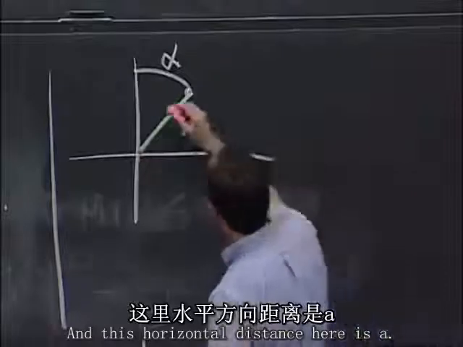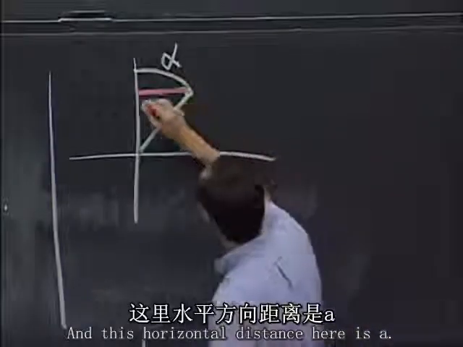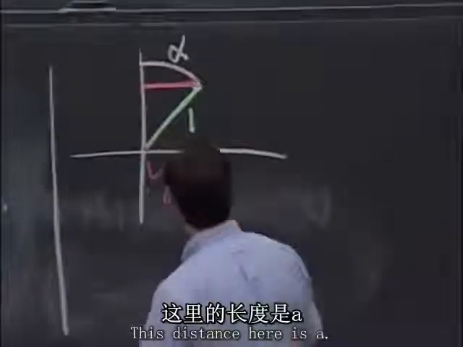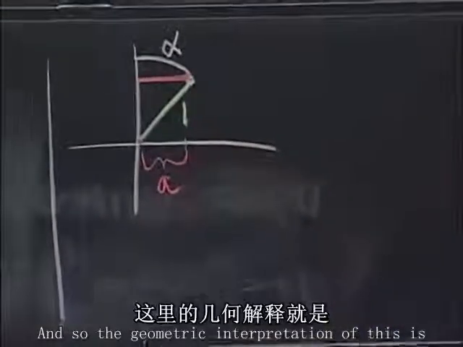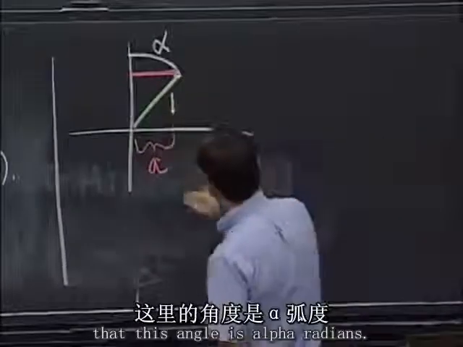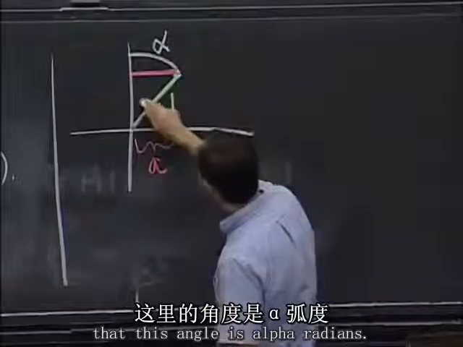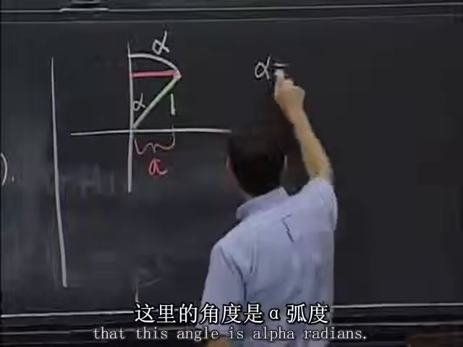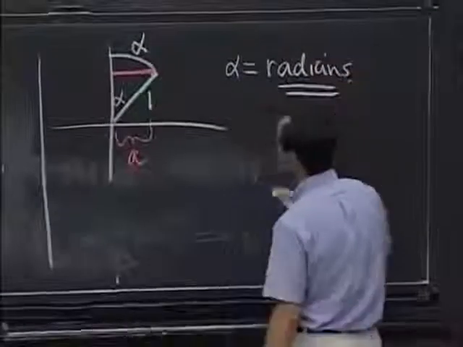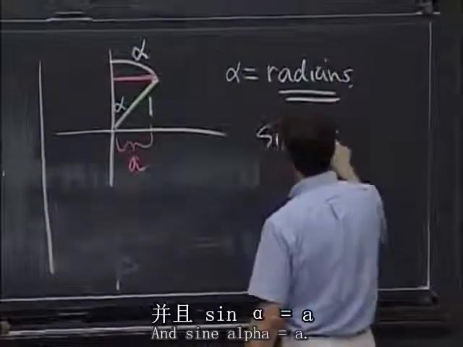And this horizontal distance here is a, right? This distance here is a. And so the geometric interpretation of this is that this angle is alpha radians. And sine alpha is equal to a.